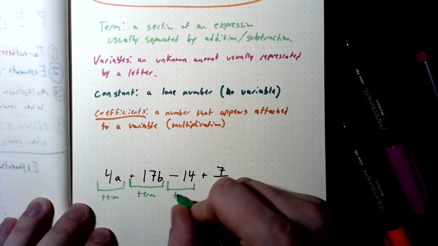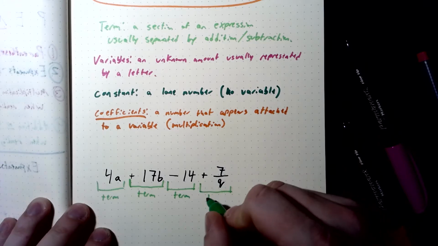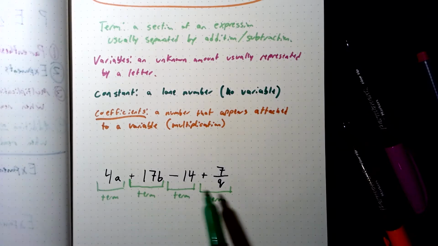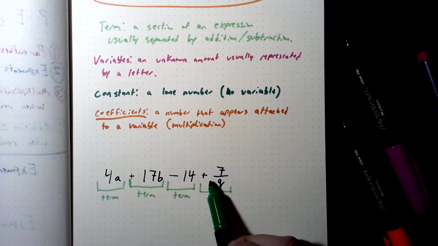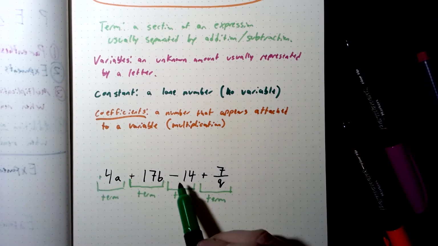Minus 14, that is a term. And plus 7q, this is a term. Each one of those 4 sections is known as a term. They are all being separated using addition and subtraction. What those addition and subtraction symbols are doing is they are marking whether or not that section of a problem is positive, like these 3, or negative, like this one.